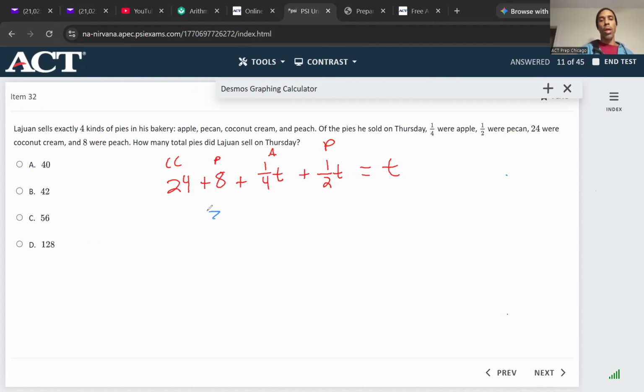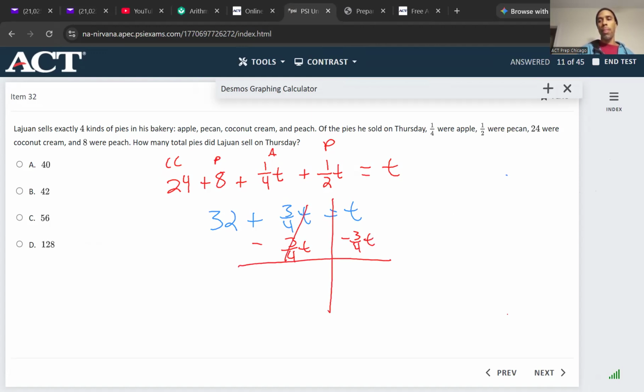So we have 32 plus 1/4 T plus 1/2 T, which is 3/4 T, should equal T. Then I subtract 3/4 T from both sides.